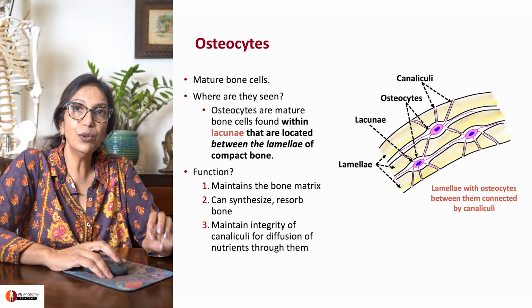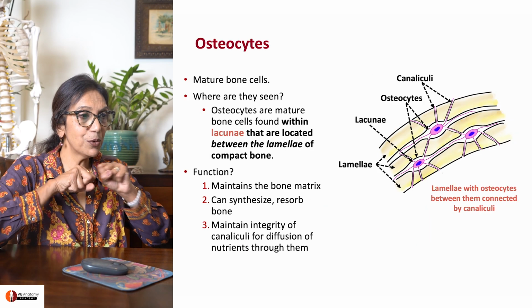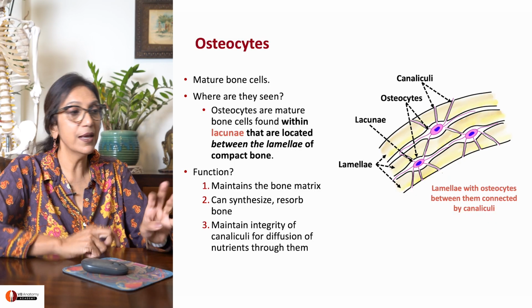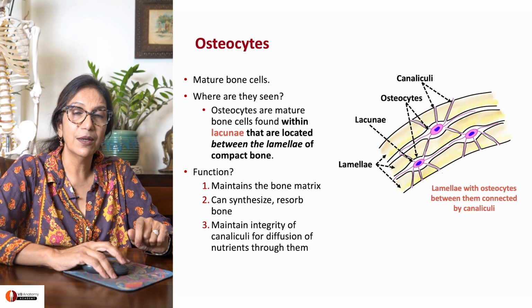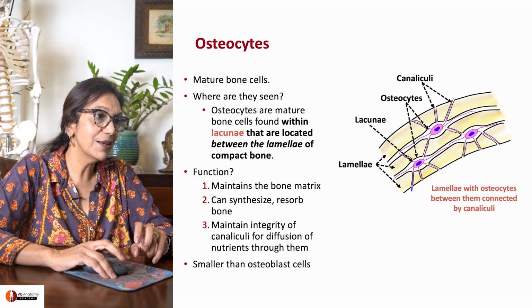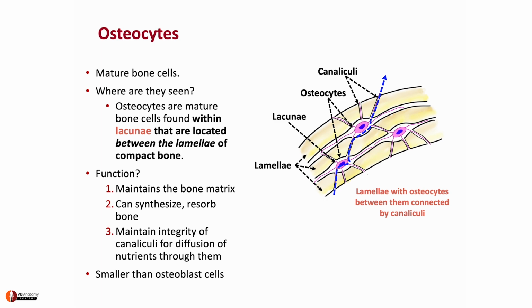Okay, so what do the osteocytes do? They give out processes through the canaliculi and communicate with each other. Why? Because nourishment passes through like this. If this is where there is nourishment, it passes through canaliculi, nourishes the osteocyte, then the next osteocyte, and through this the surrounding lamellae get their nourishment.